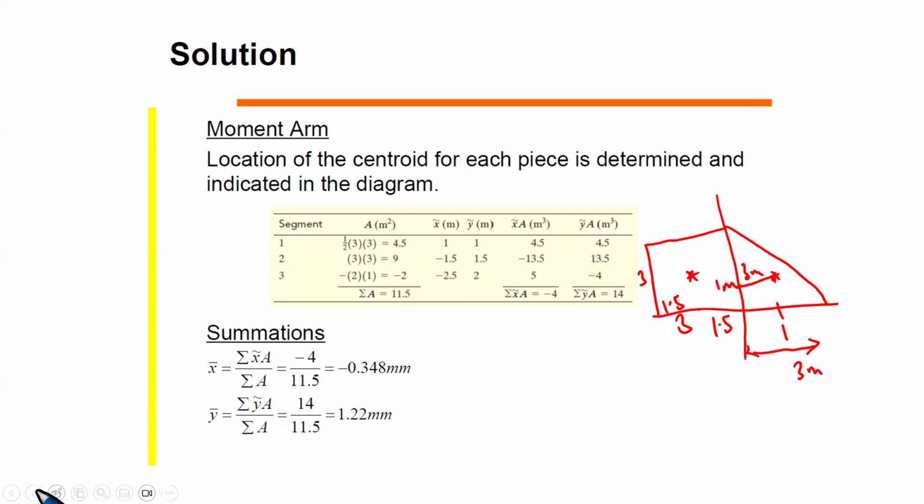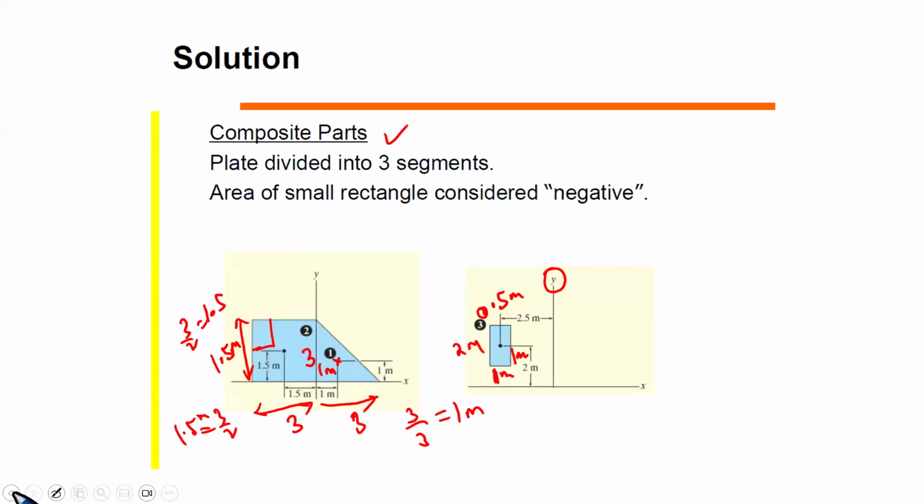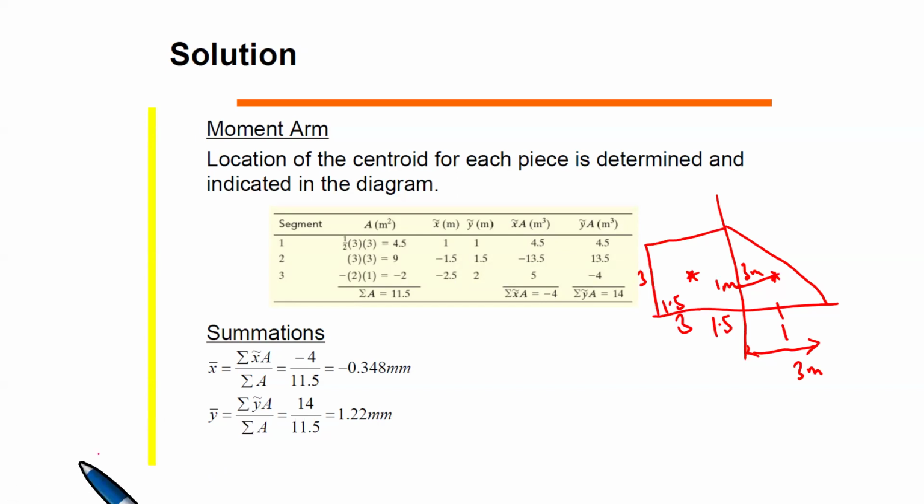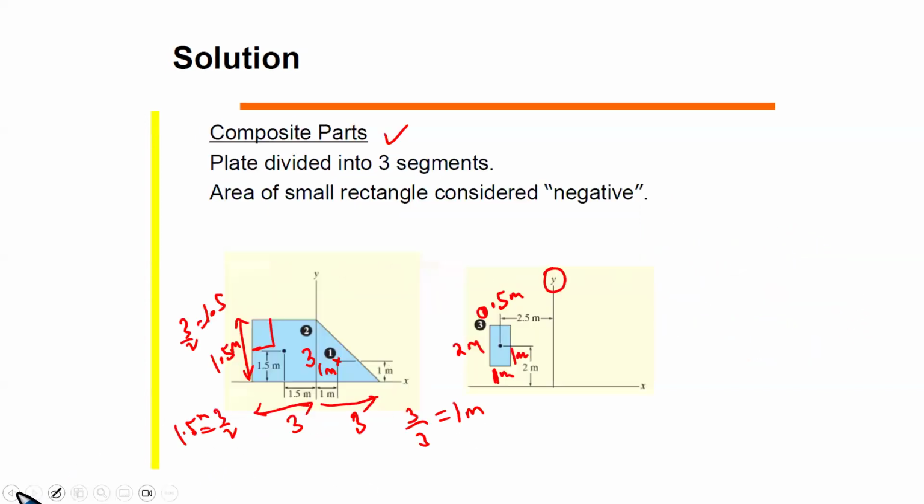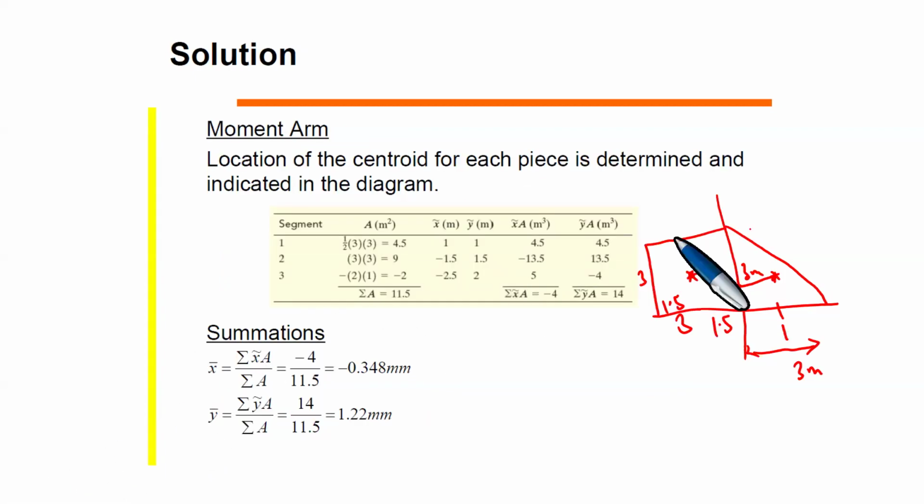And so now you also have this one, which is the negative area. It sits somewhere here.